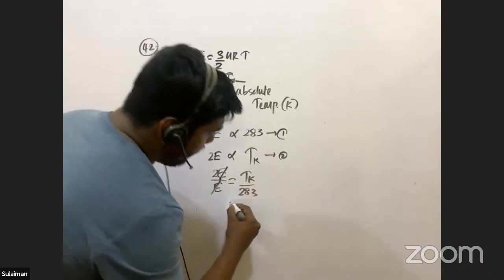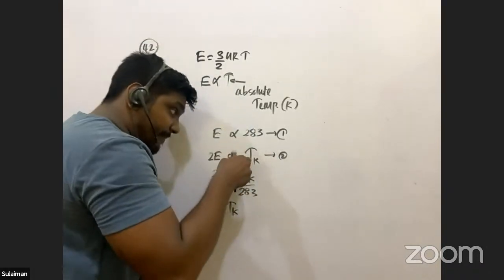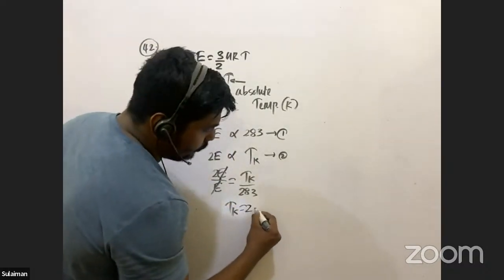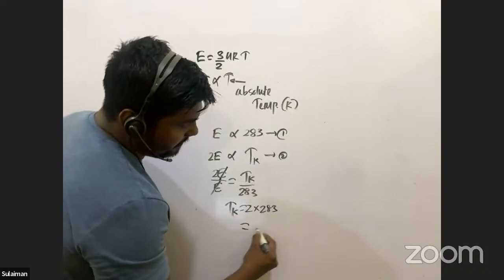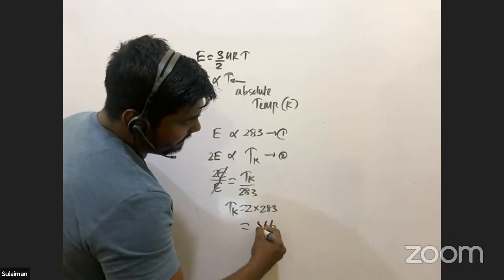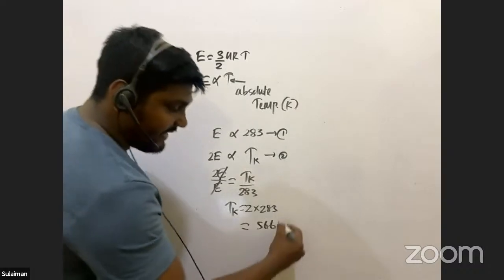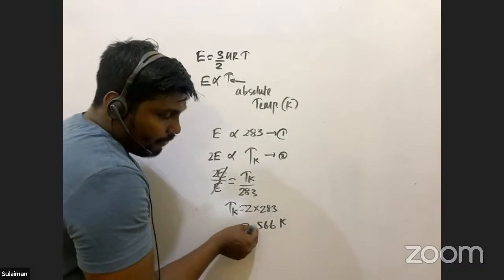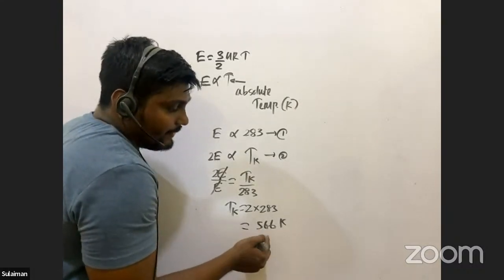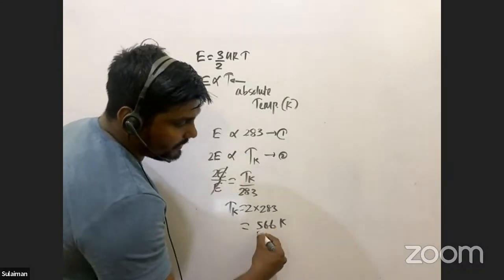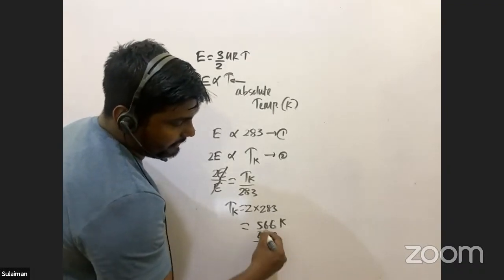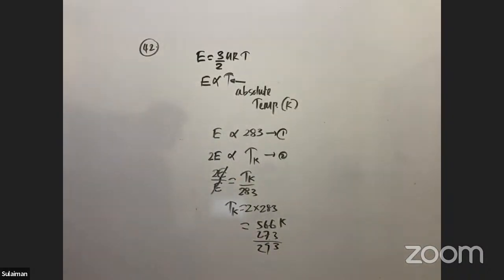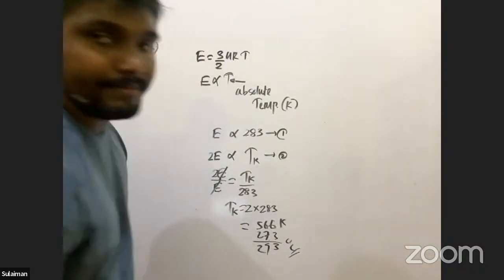E cancels out. Then I obtain the temperature at which kinetic energy is doubled. Tk is 2 times 283, that means 566 kelvins. Am I correct? Yes. But if you want to convert 566 to Celsius, you subtract 273. You will obtain 293 Celsius actually. That's the answer.